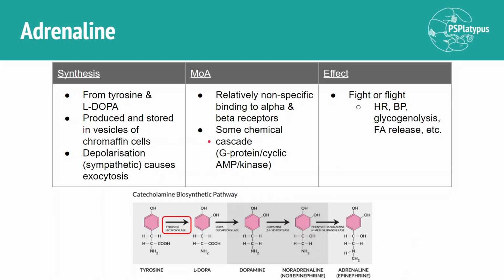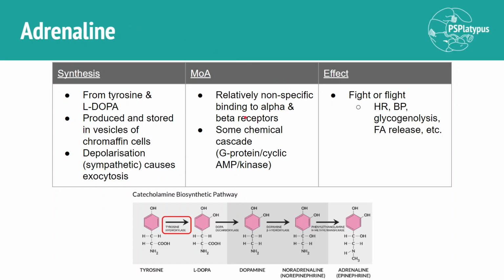Adrenaline is produced and stored in the vesicles of chromaffin cells, and through exocytosis is then released. The mode of action of adrenaline, I hope you guys remember, is that it binds to adrenergic alpha and beta receptors. Noradrenaline is more specific for alpha receptors, but adrenaline is non-specific.